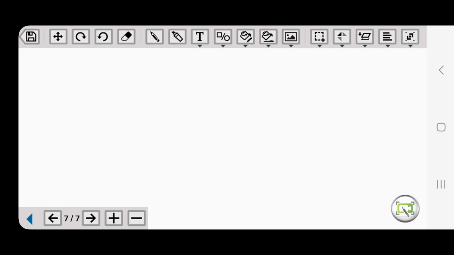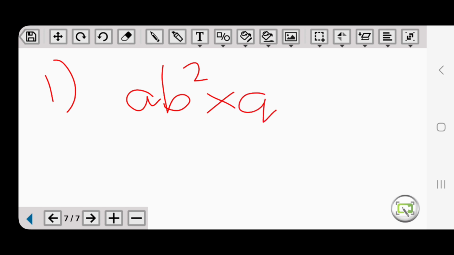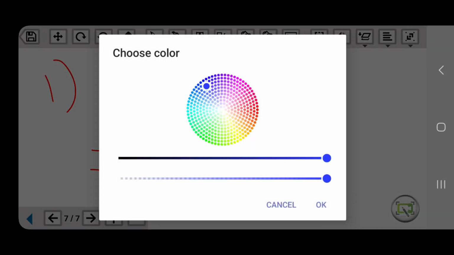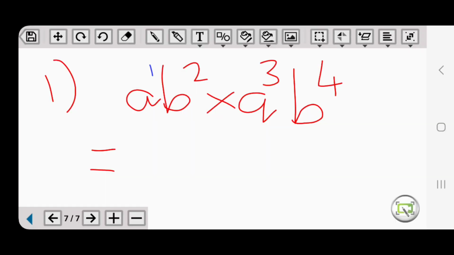Alrighty, let's look at a few examples. The first one. If the question says a b squared times a to the power of 3, b to the power of 4, and we need to simplify. First of all, wherever there's no exponent, please write an invisible 1 as an exponent.